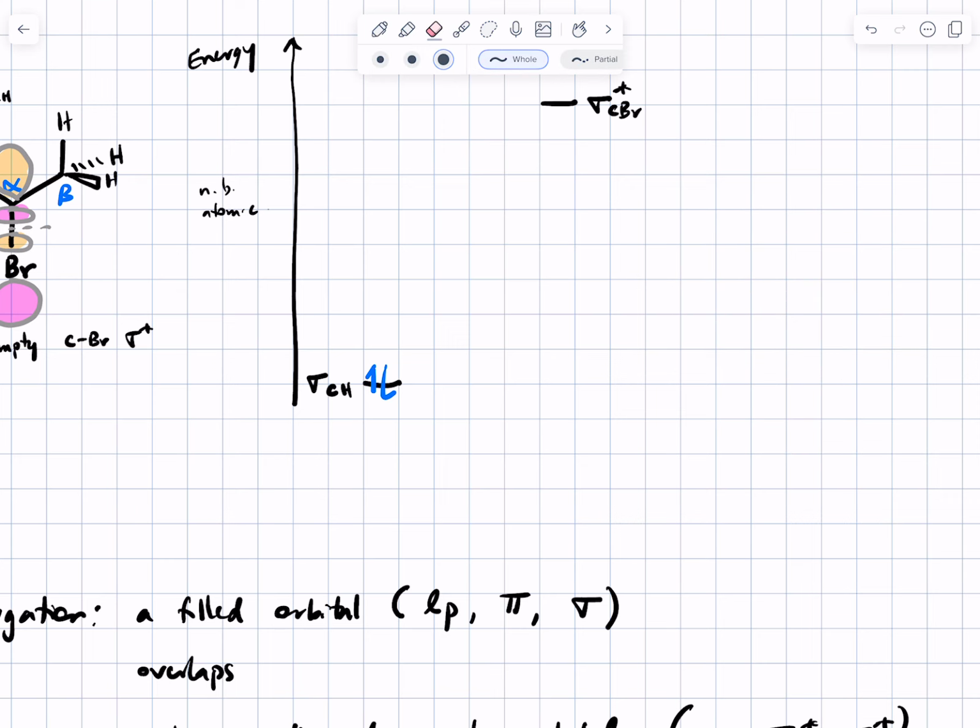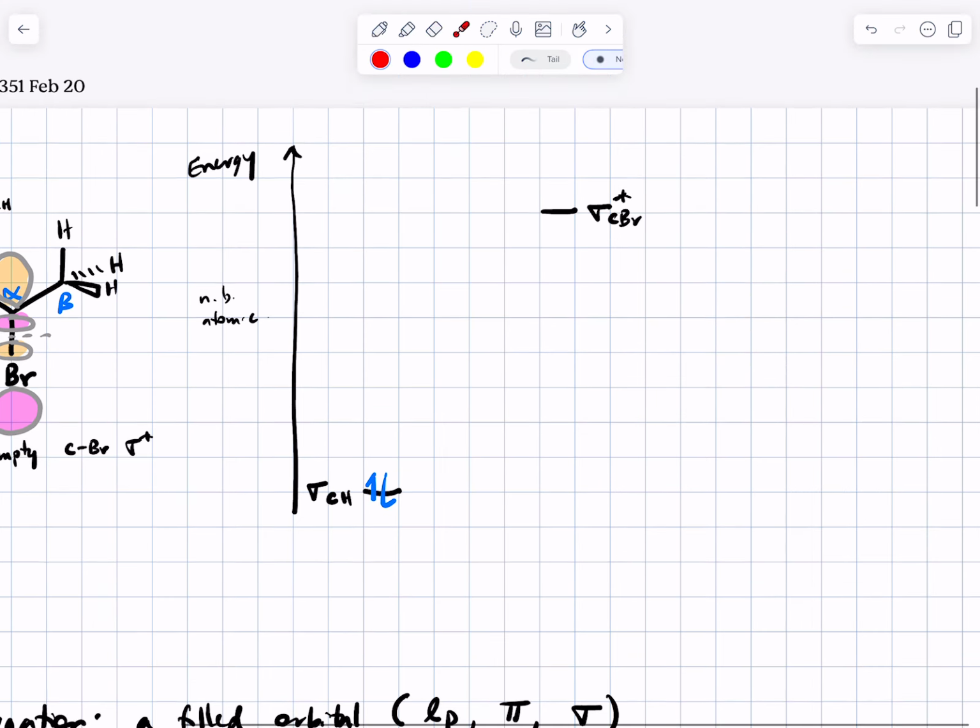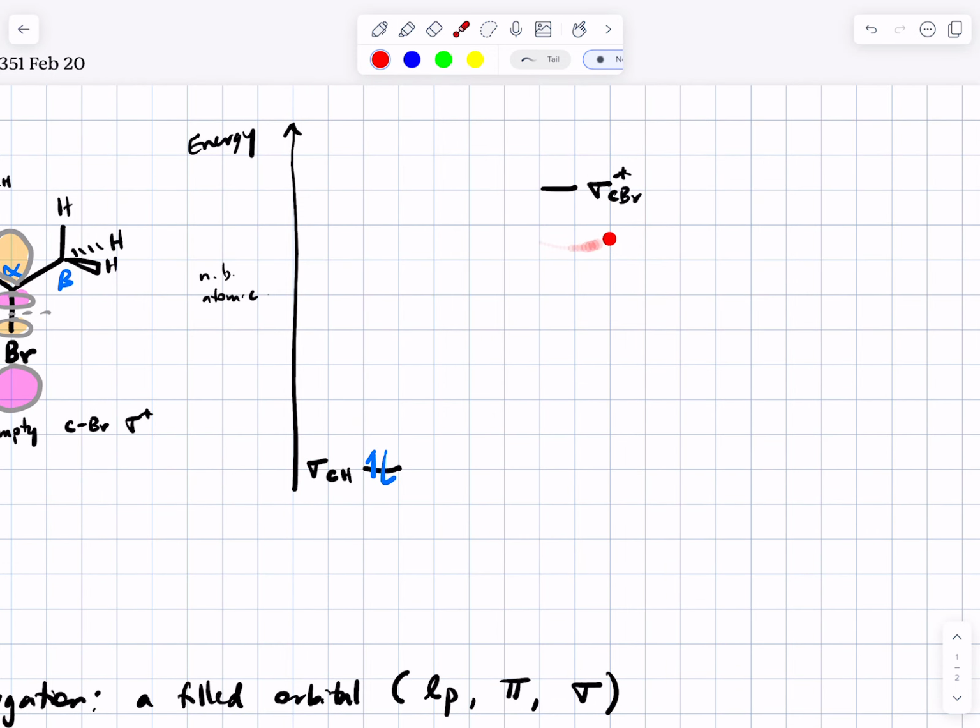In contrast, because our filled bonding orbital and empty antibonding orbital are so far apart in energy, when we mix them, we're not going to get a big kick in energy out. In fact, we're going to get maybe 3 or 4 kilocalories per mole. So this is one reason why it's called hyperconjugation rather than bonding. It's like a stabilizing effect, but it's worth way less than a full bond is worth.